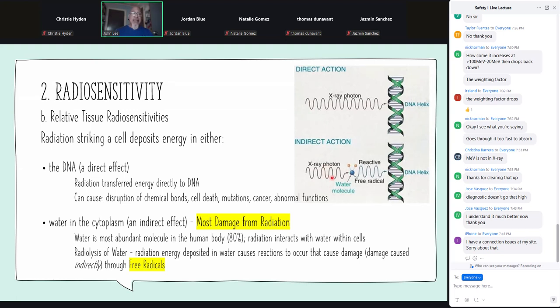So it's more likely that we're going to hit that 80% than it is that we're going to hit part of that other 20. Okay. And so the majority of the damage that's going to occur will be from an indirect hit. So when the water is struck, it creates a free radical, and the free radical is what damages the DNA.